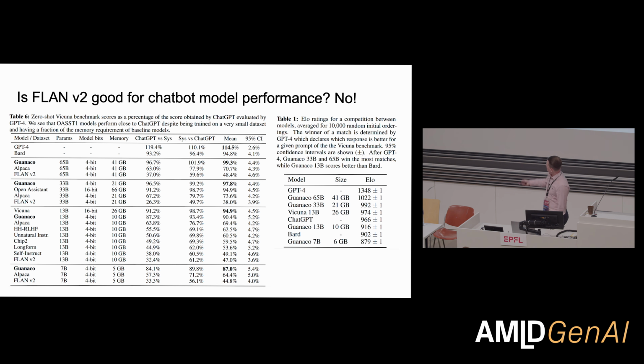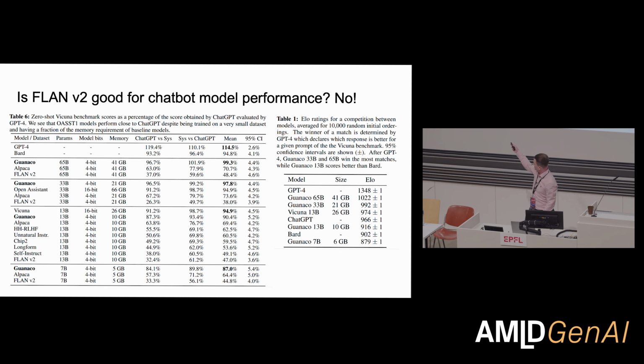And if we look at the Guanaco model, it works really well. It gets very close to ChatGPT performance. If we measure it relative to ChatGPT, it gets close to 100%. On the left, we have the tournament, and there it also does really well compared to other models, even beating ChatGPT. And because we quantize everything to 4-bit, even these large models are actually pretty small, and you can run them on consumer GPUs.